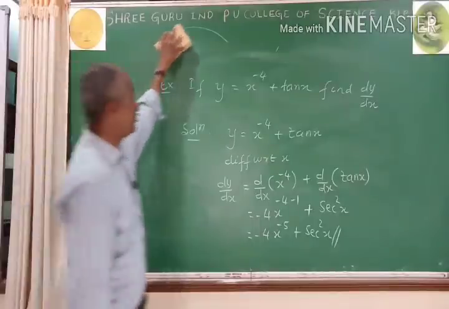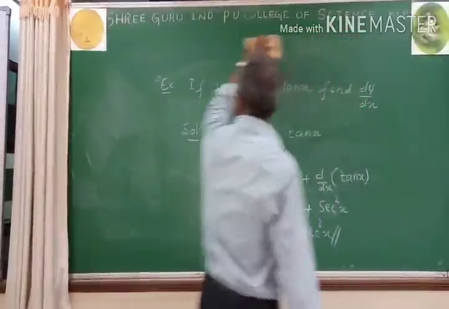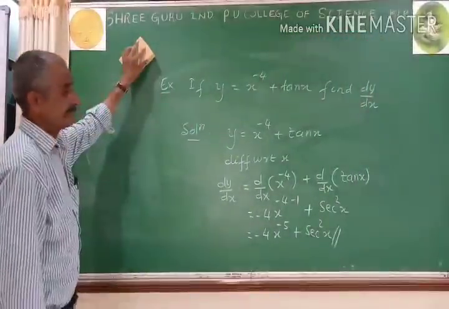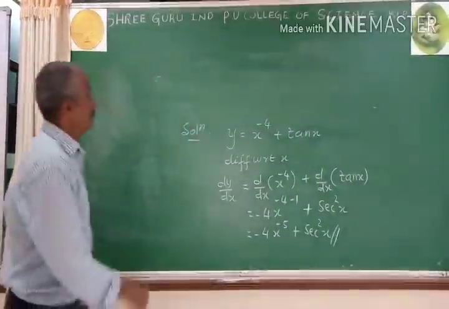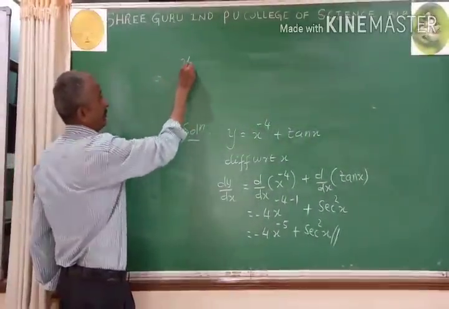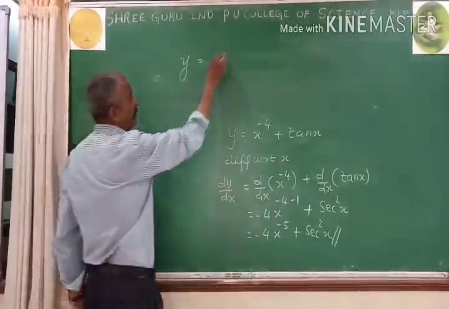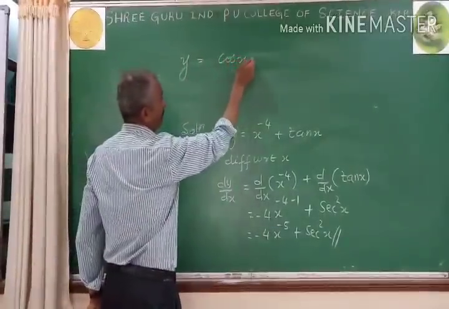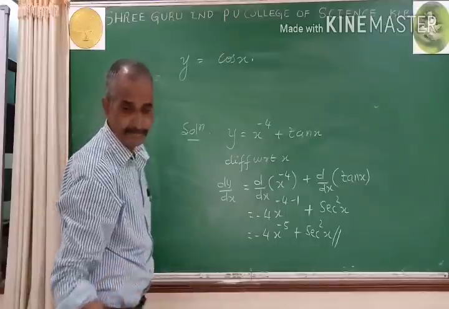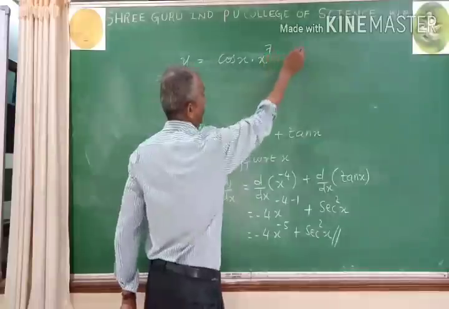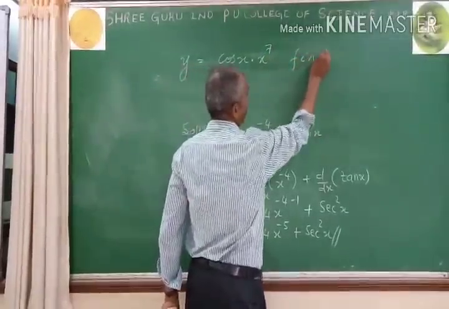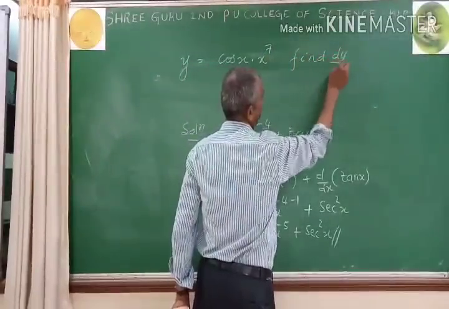So let's take another example. Suppose you are given that y equals cos x multiplied by x to the power of 7, then the question is to find dy by dx.